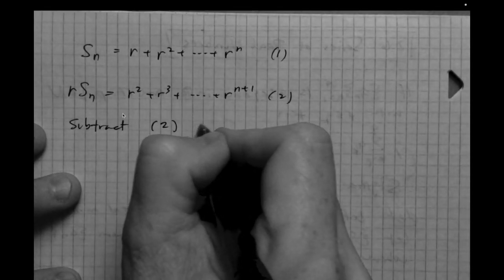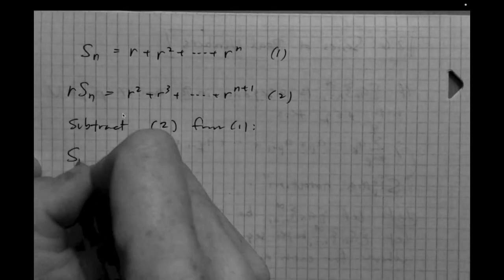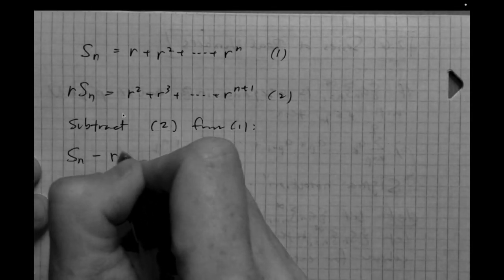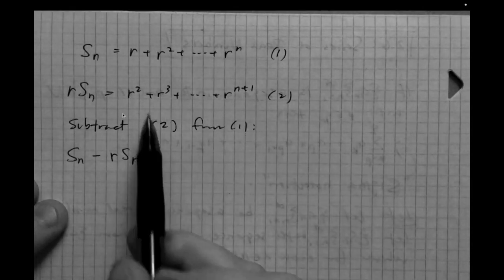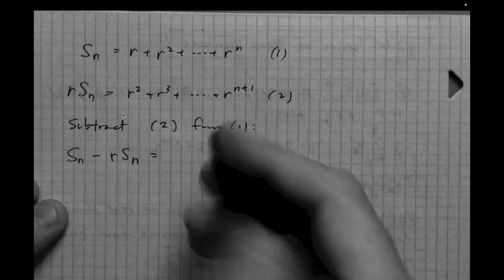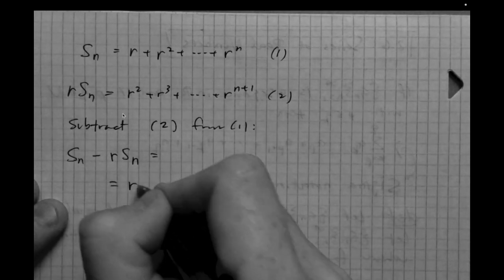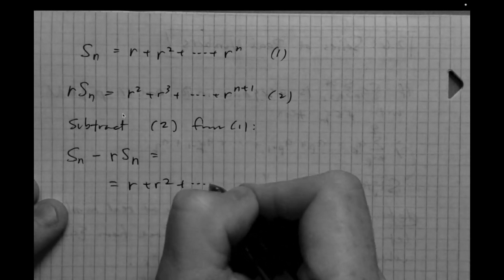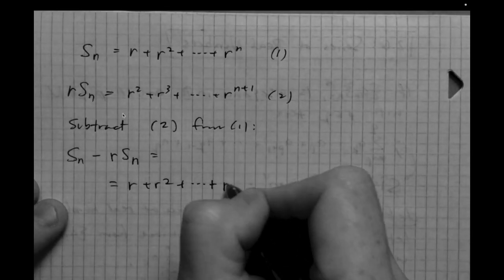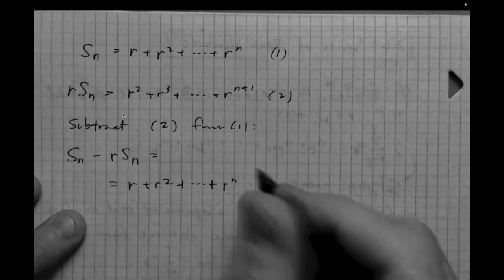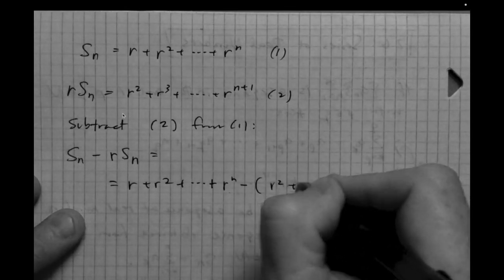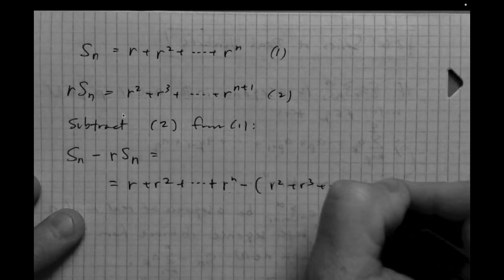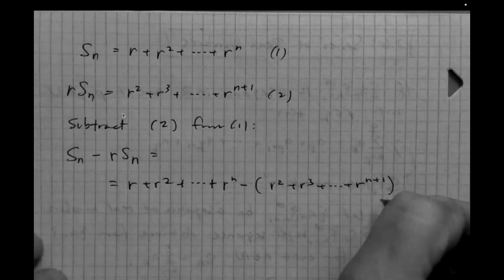if I say s sub n minus r times s sub n, what do I get? It'll be r plus r squared plus dot dot dot plus r to the nth power, and then minus all of these: r squared plus r cubed plus dot dot dot plus r to the n plus 1.